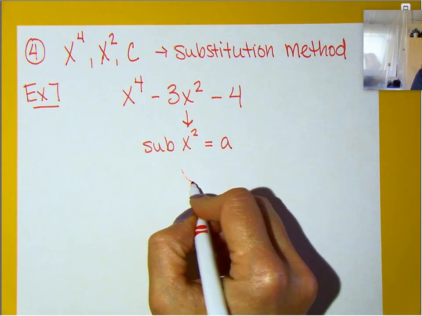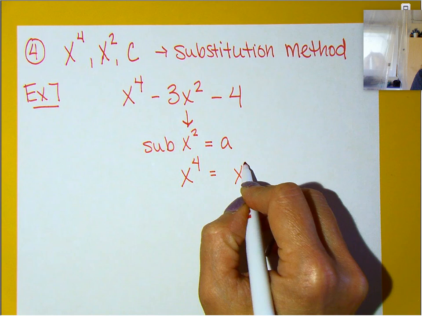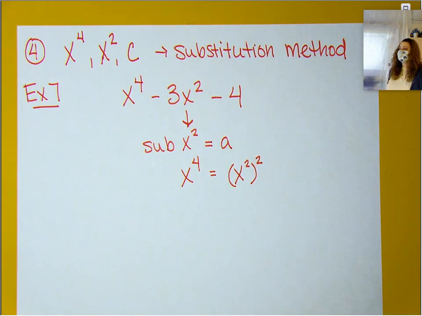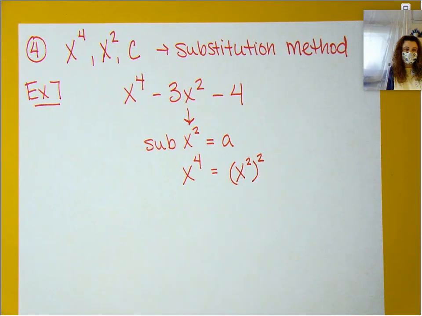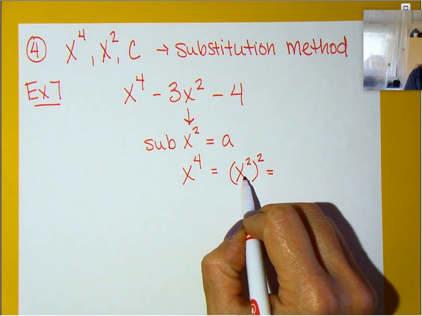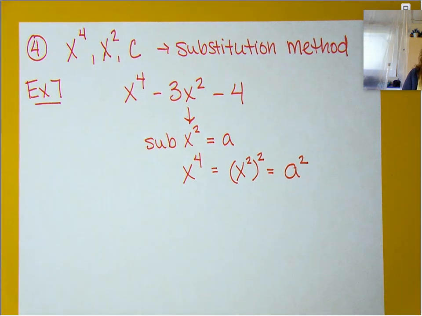Now, x to the fourth. X to the fourth, would you agree that that is x squared squared? Does that make sense? Okay. Yeah, because it's just breaking it apart so you can see it individually. Well, if I sub x squared with an a, this is now a squared.